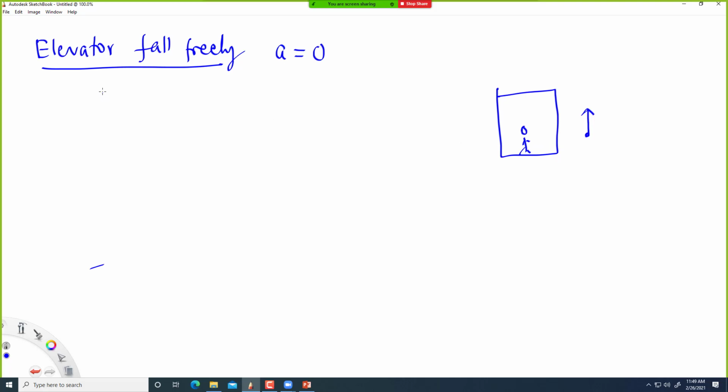Okay, N would be 0. When it's falling freely, you will see that the floor is barely touching the person. There is no normal force exerted on the person. So this N would be 0.